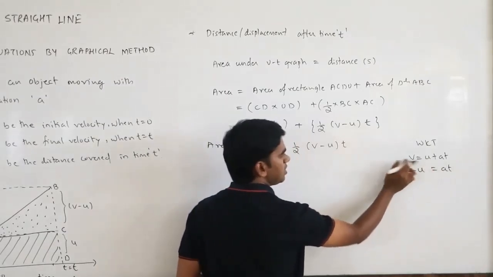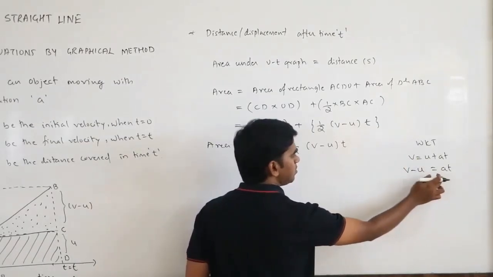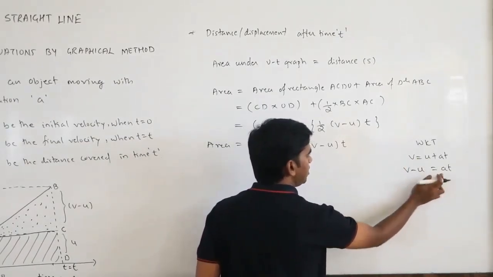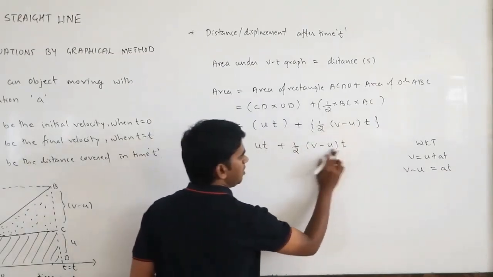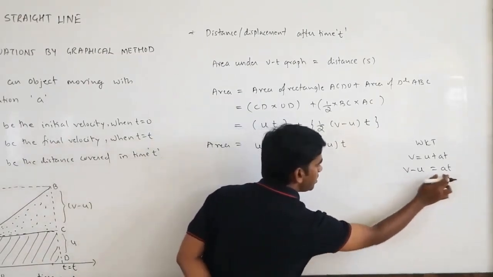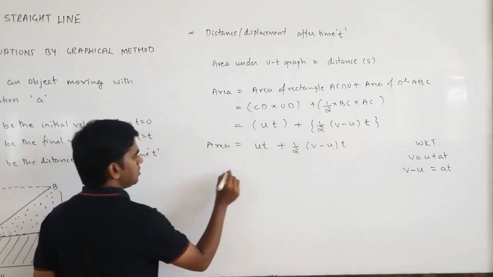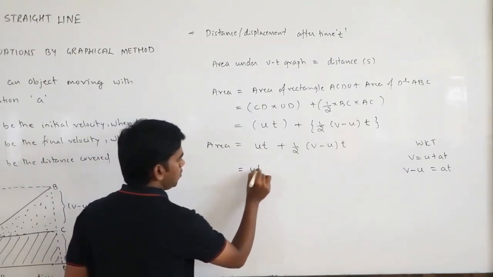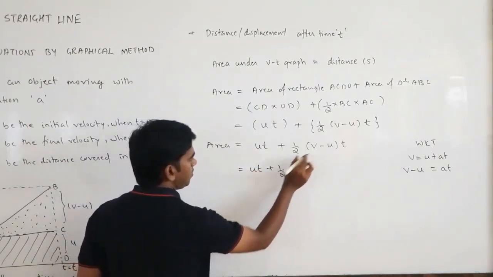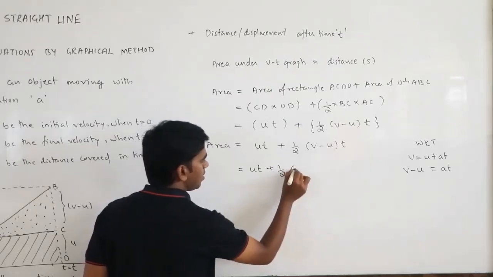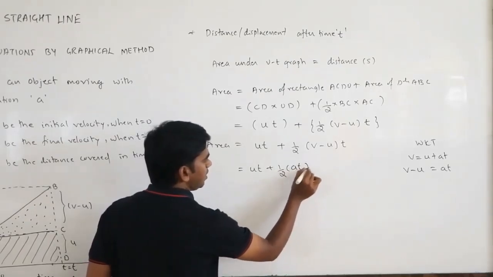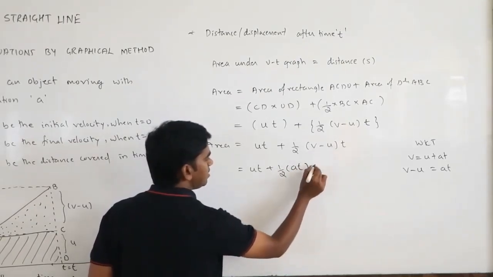Just take U on this side. Substitute this here: UT plus half, V minus U is AT, so AT into T as it is.